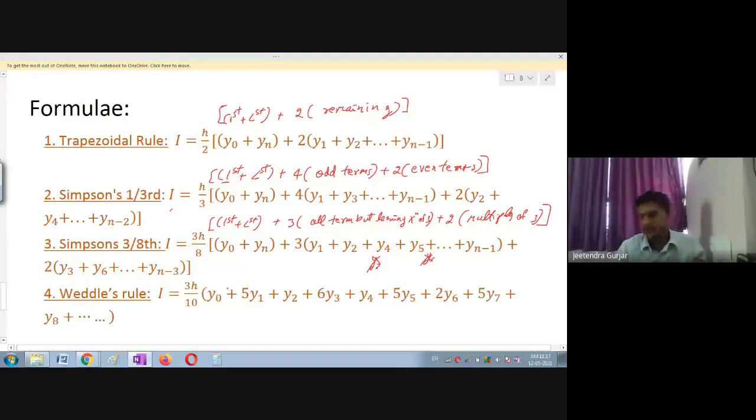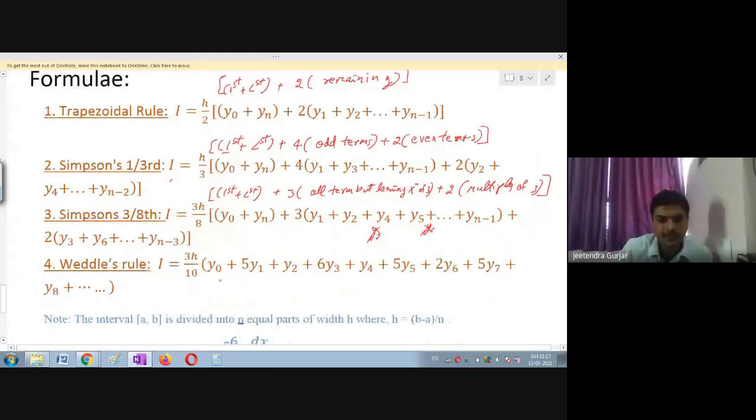This is how you are going to remember. Weddle's rule, see, it is completely different. So I tell you to remember like this. I will take some k value and I will substitute 1, 5, 1, 6, 1, 5, 2, 5. So again 1, 5, 1, 6. This process will continue, students. Now you can see only the coefficients I have given. K is nothing but coefficients. You can take this as y0, y1, y2, y3.